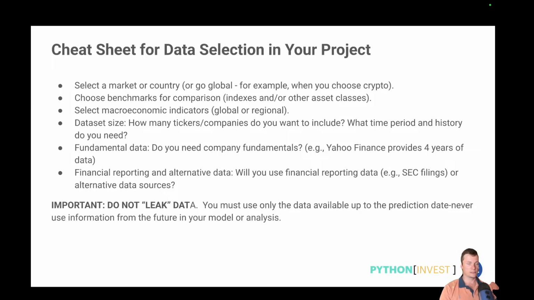Then you choose one or a few benchmarks to compare with. It can be an index or some well-performing asset class, or it can even be a banking rate of return. Then you select macroeconomic indicators or some other indicators that might affect your specific market.